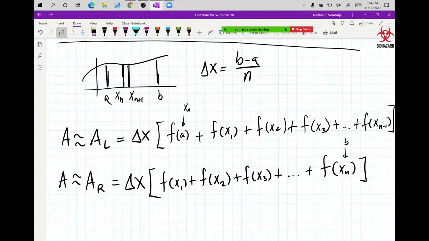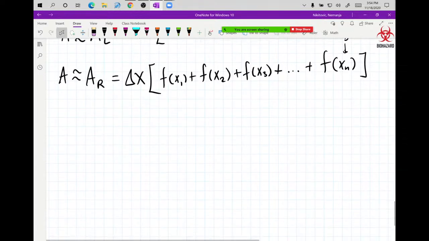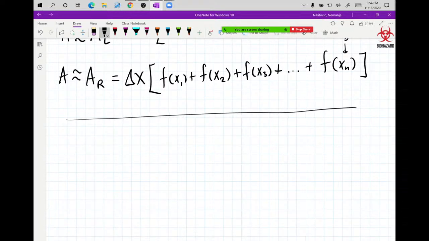I'm going to give you a few moments to work on approximating, let's say, 3 over x on 4 to 7.